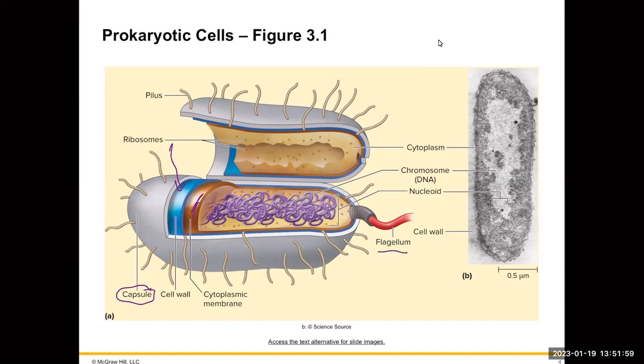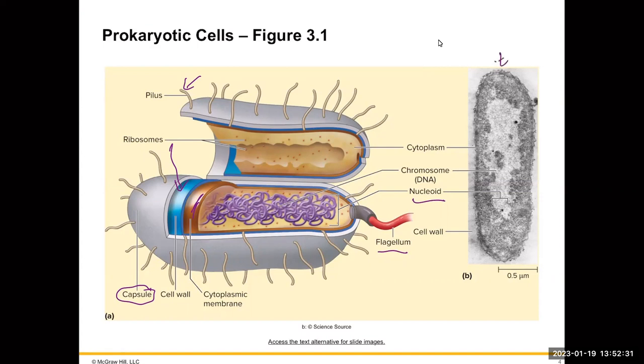Okay, they have flagella, not all of them, but some of them have flagella to move. They have these cytoplasmic extensions, an individual one is called a pilus. Okay, and we will talk about those and what they do. Okay, cytoplasm is the material in between all of the stuff in the cell. Bacteria generally have one circular chromosome, and it's in a region that's called the nucleoid.